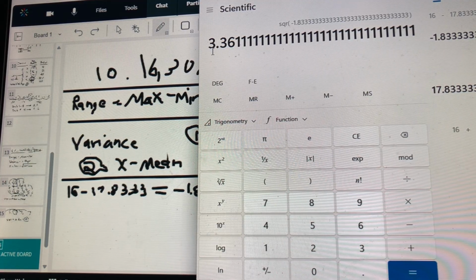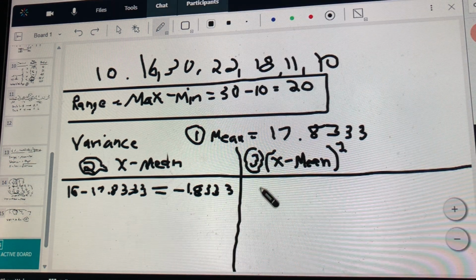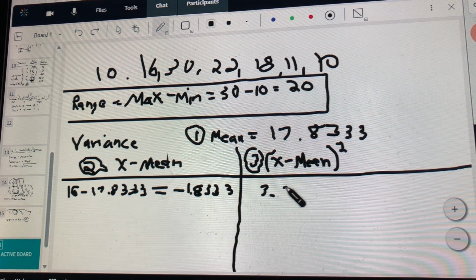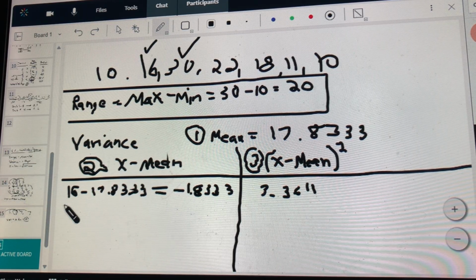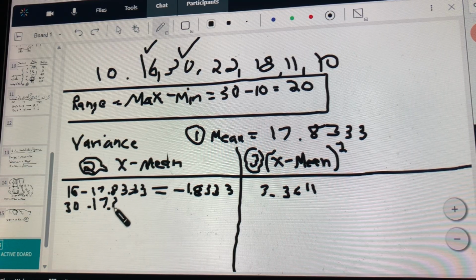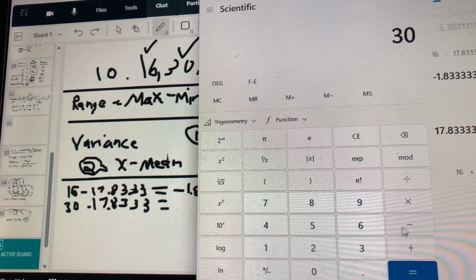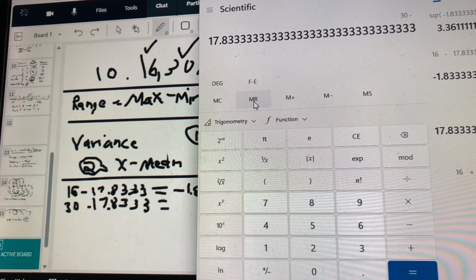So I'm going to make 3.3611 here. So that was 16. Now go to 30. 30 minus this 17 number. So 30 minus memory recall. This is what helps me: I don't even have to type it.